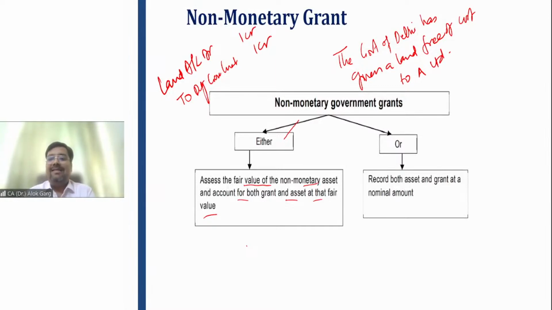Sir, this land is a non-depreciable asset, and there is this deferred government grant of 1 crore. So how will we finish this government grant? So friends, in that case, the land is a non-depreciable asset, right? And you have recognized this asset and this liability in your books of accounts.